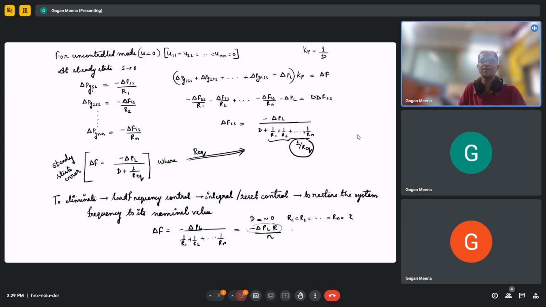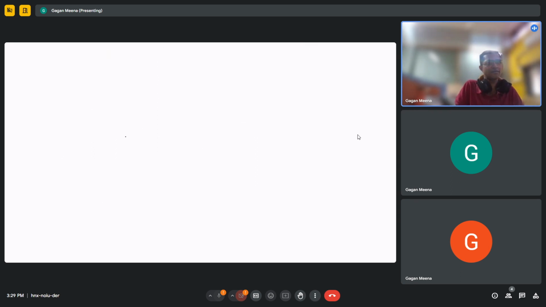So steady state error goes on reducing if the number of generators increases. So this is a very good thing. Many generators operating in parallel reduce the steady state error, and for thermal generators, an integral controller is used with small gain settings.